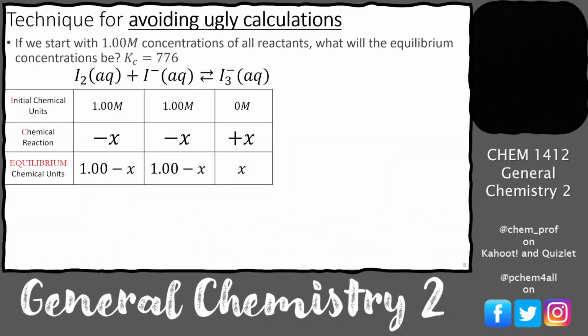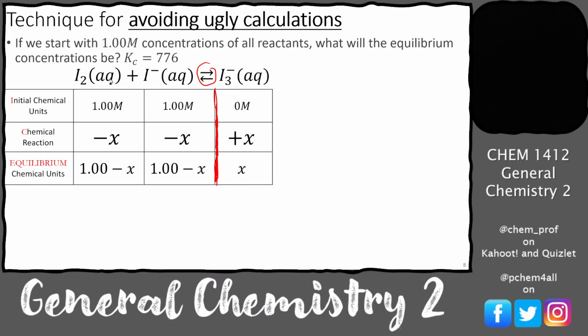So let's look at one where the equilibrium constant is greater than 1. So here, this is a pretty hefty equilibrium constant, 776. So here's my double-headed arrow. That's where it divides the reactants and the products. These are all aqueous. So we're going to have aqueous concentrations and molarity.